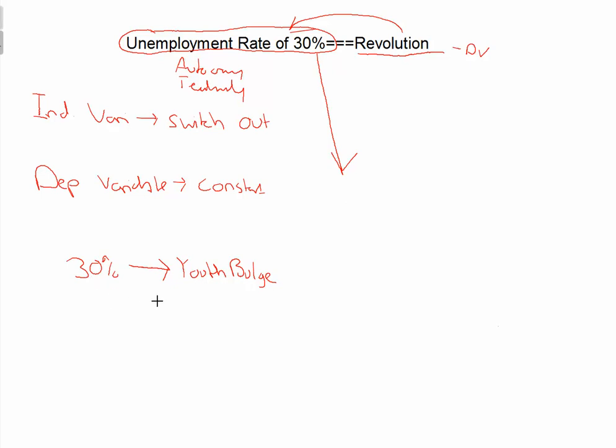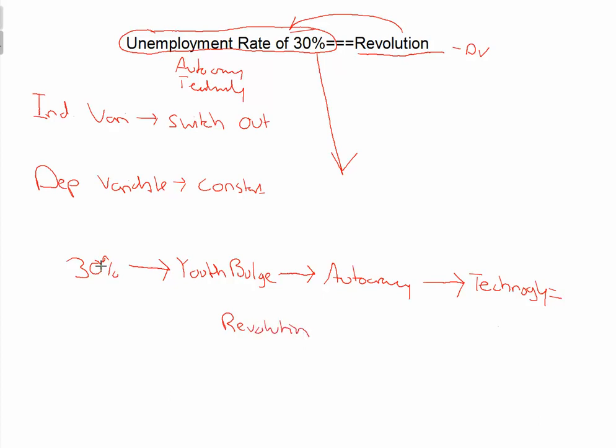So you had a 30% unemployment rate, youth bulge, you had an autocracy, and you had a technology, again in this case being the widespread Facebook and Twitter, and that led to revolution.